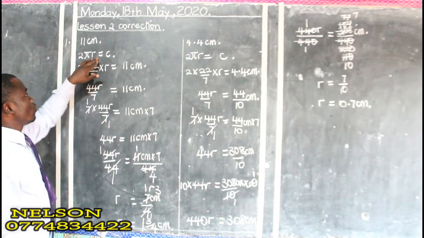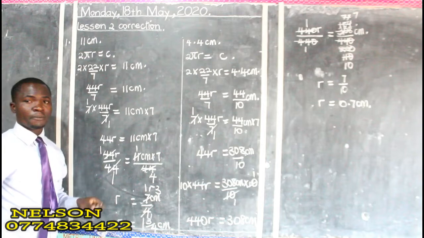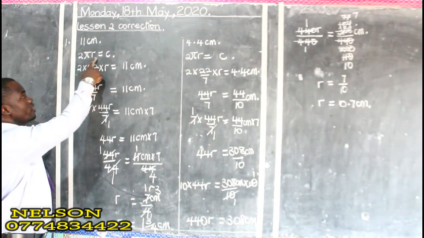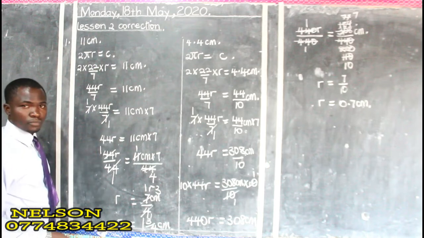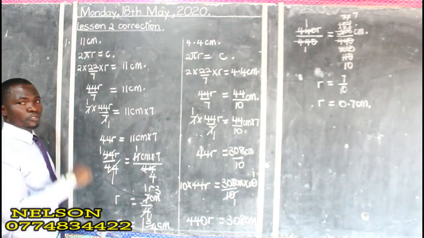We began with 2 pi r equals circumference, because circumference was given. We came down and we substituted.